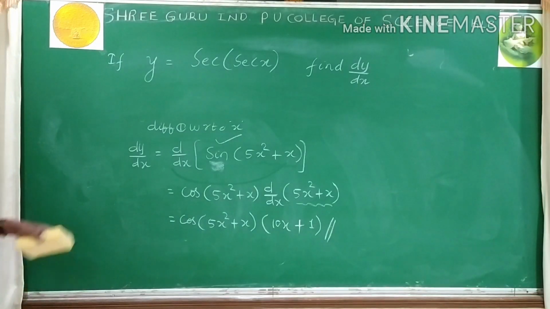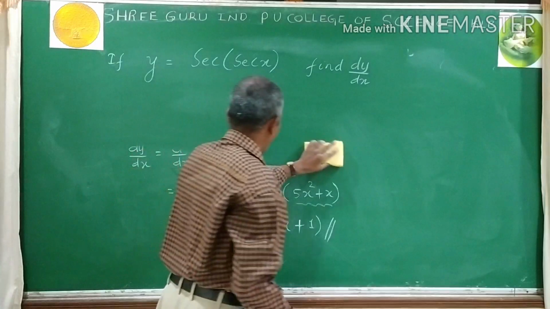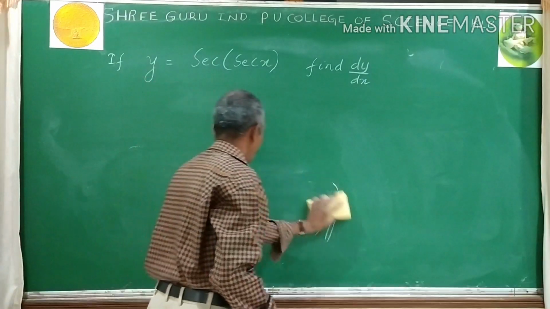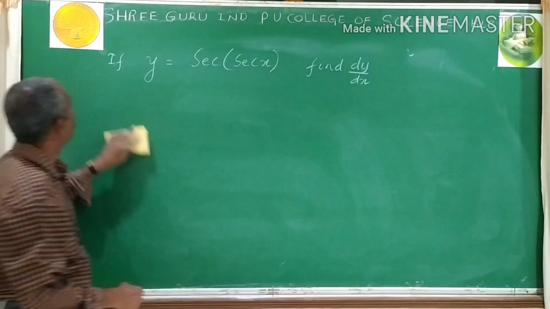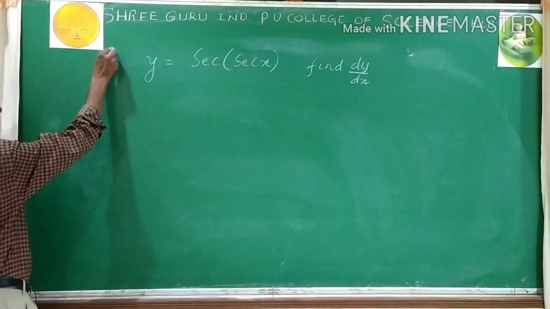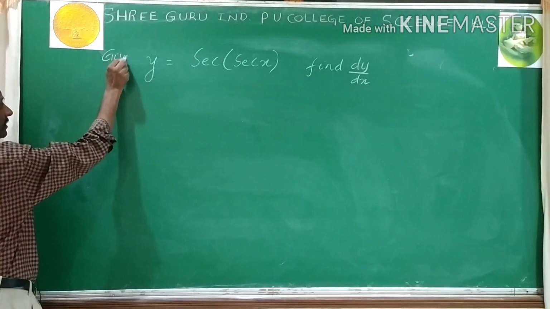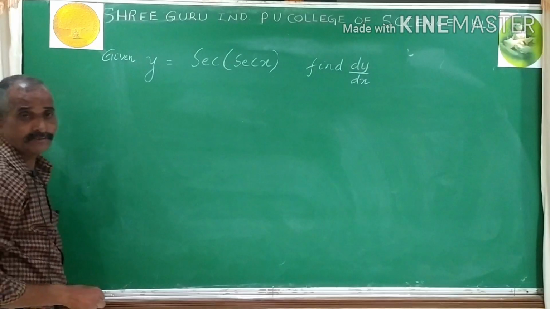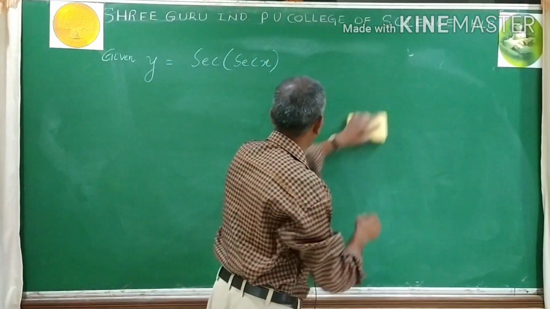Solution. Write the given problem first and tag it. What is the given problem? The given problem is y equals sec of sec x, and we are asked to find dy by dx. Call it 1.